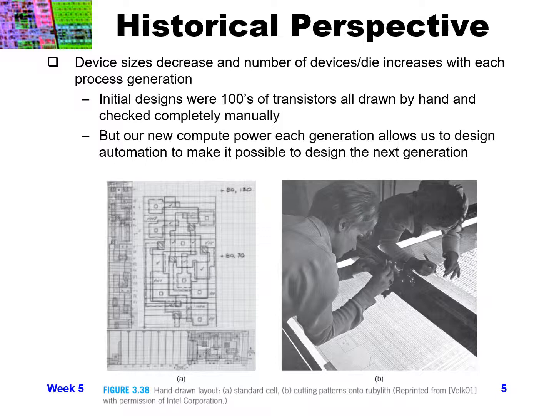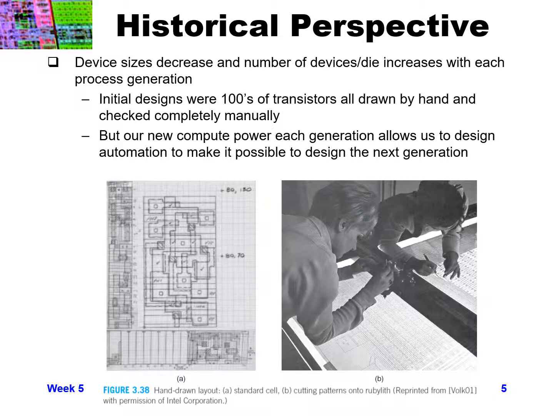So both the circuit designs and the layout were drawn by hand. And below you can see people hand drawing layout and cutting the patterns out of rubylith. This was a red material that they would cut out shapes in to allow light to go through in the areas that they cut out, and that would be how they create their masks.